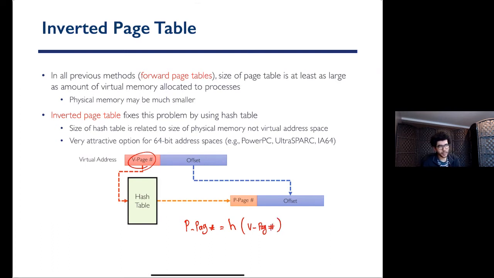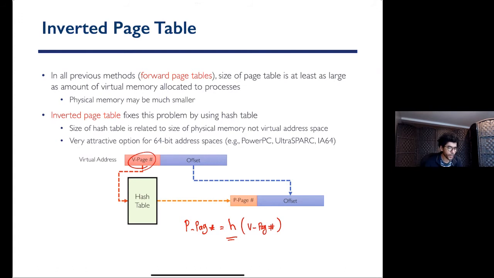This means that your page table is of fixed size. It's however many entries your hash table has. That's all. That's how many entries you need for your page table, right? So that's basically what it is.